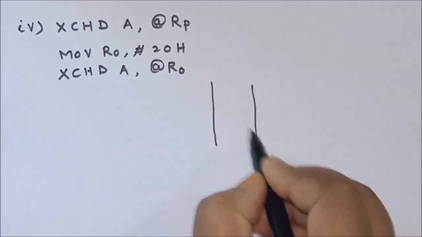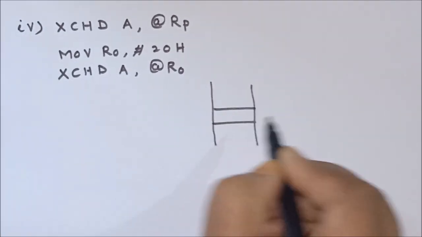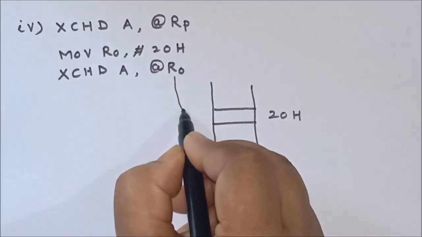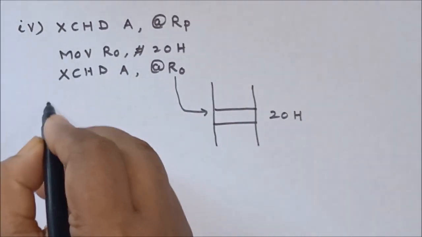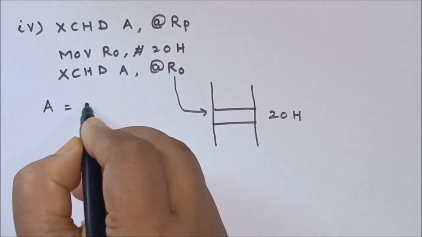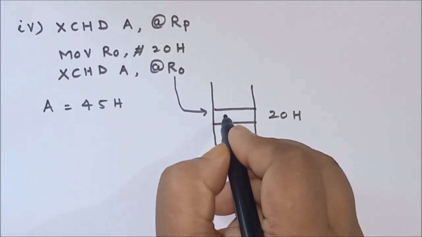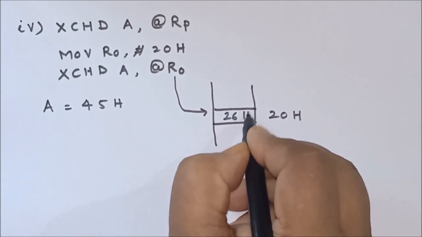So R0 is pointing to this 20H, and in accumulator suppose 45H is stored, and at this memory location 26H is stored.